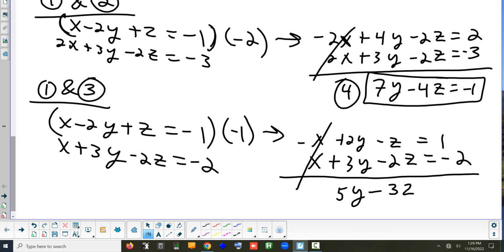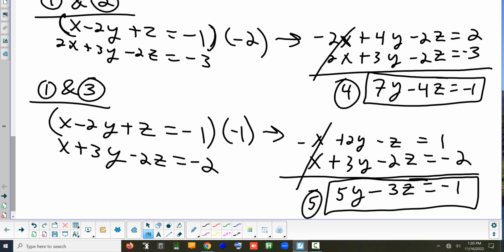Yep. Good. And 1 minus 2 is -1. All right, so now we've got another equation that only has a y and a z in it. We've taken our problem that had 3 variables and turned it into a problem with 2. So we're going to take those 2, and we're going to try to get rid of either y or z.